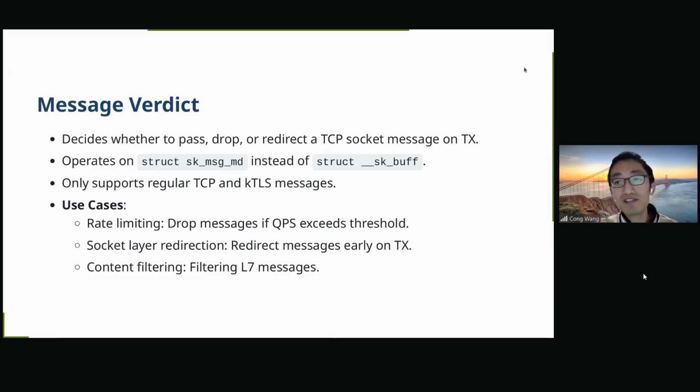Although they are not attached to the hooks, they apply to different locations. The other use case is that we could filter the content, because this applies to the socket layer, so we have all the socket layer information, like the HTTP related stuff, if we use this for an HTTP socket. Of course, we could also use it for rate limiting at the socket layer. This is also very useful because this is pretty much the only one we have on the transmission side.